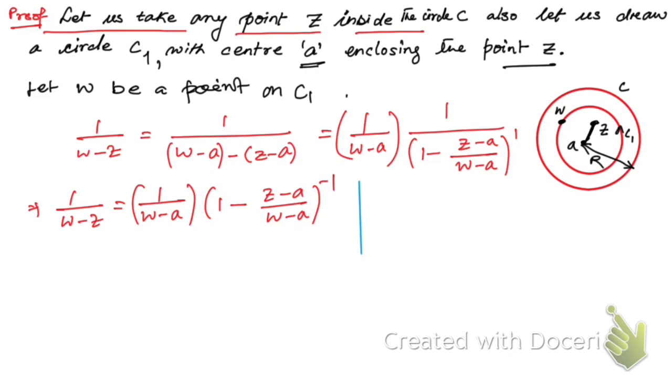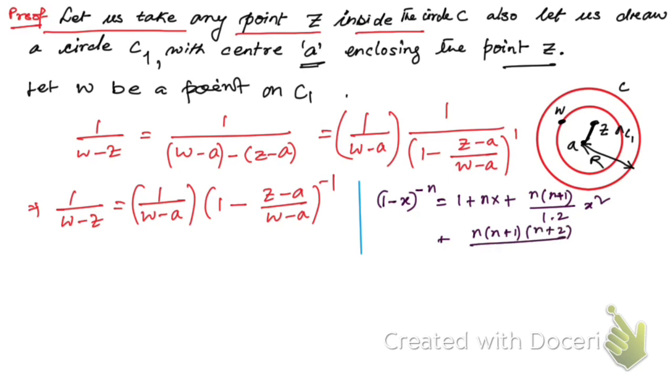According to that theorem, we can expand 1 minus x whole to the power minus n in this way: 1 plus n x plus n into n plus 1 by 1 into 2 x square plus n into n plus 1 into n plus 2 by 1 into 2 into 3 x cube plus and so on.